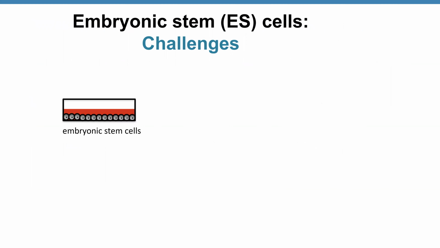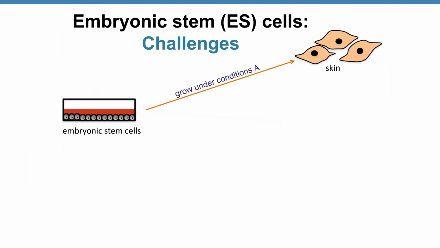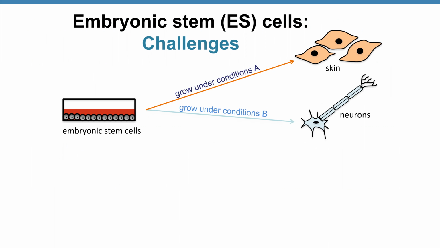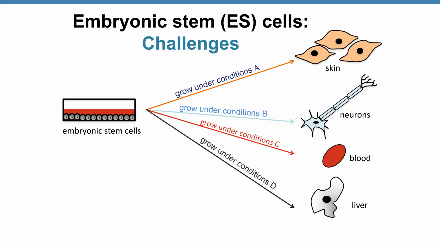Okay, so embryonic stem cells have other challenges. Under condition A, they can become skin cells, or under another condition, they can be neurons, blood cells, or liver cells. But what exactly induces their changes into a precise type?